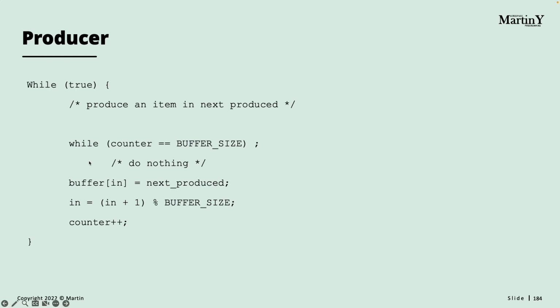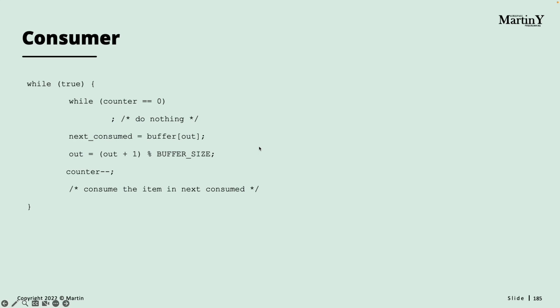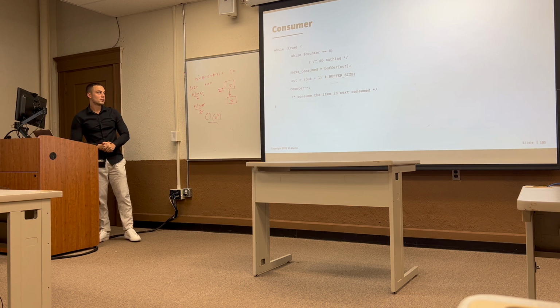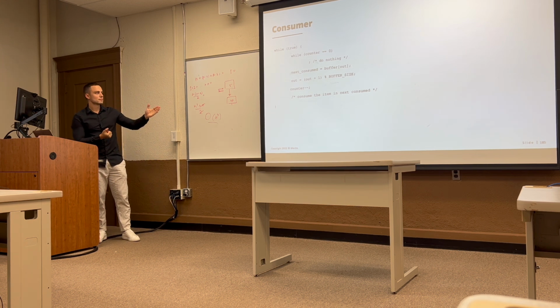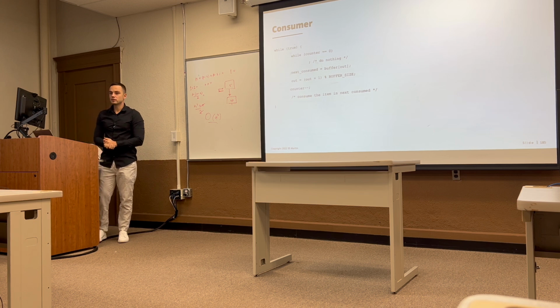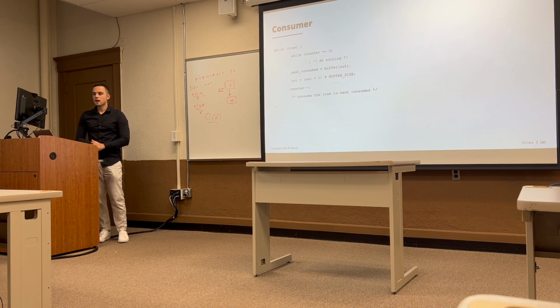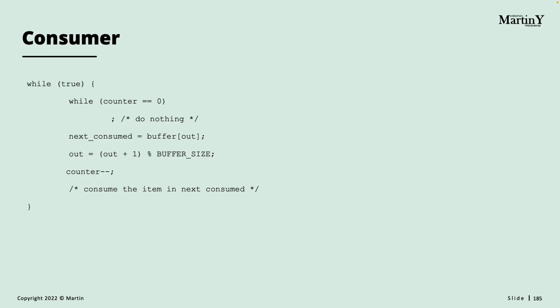Okay, and on the other side, let's say we have a consumer process and exactly the opposite. We have a counter, so once the consumer takes data from our buffer, the counter is decremented by 1. So, very simple. If I first run the producer, then the consumer, everything should work fine, right?